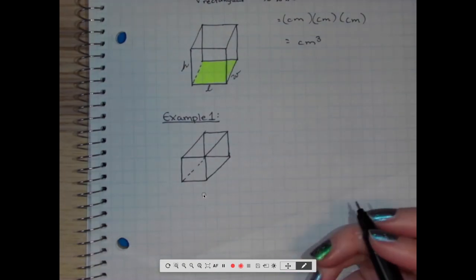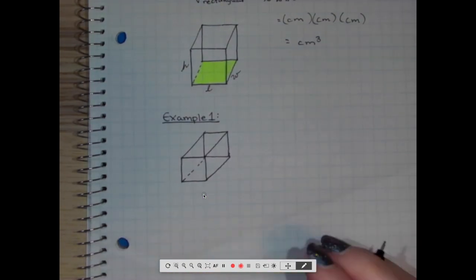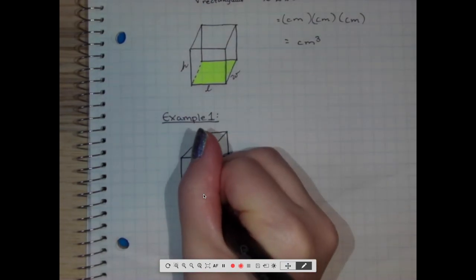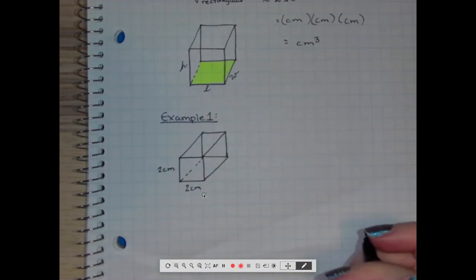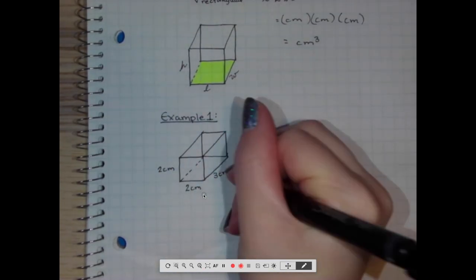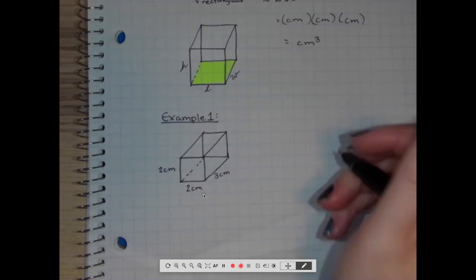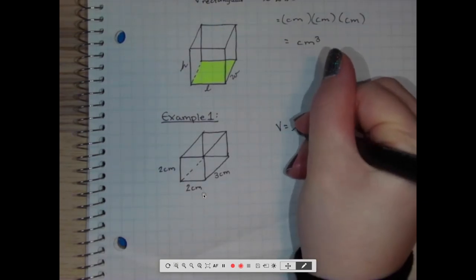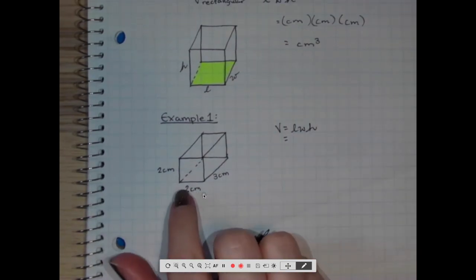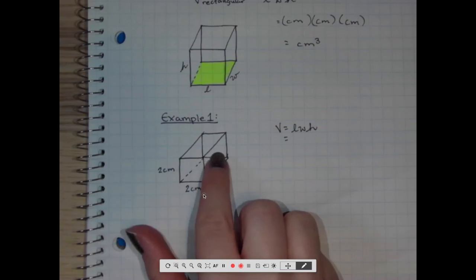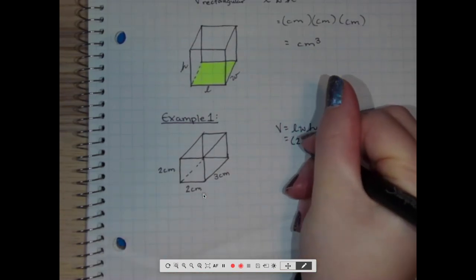Okay. So I'm just going to use basically the length of these lines to help me out. Say this is 2 centimeters, 2 centimeters, and 3 centimeters. I don't need nets for these, but I do need to see your formula. Volume is length times width times height. If we're treating this bottom part as the base, length times width, my length is 2 centimeters.